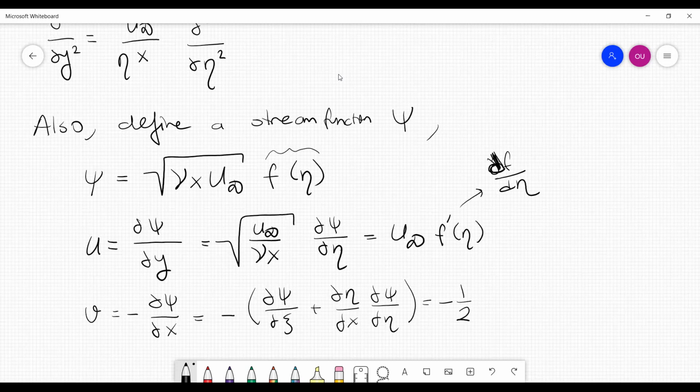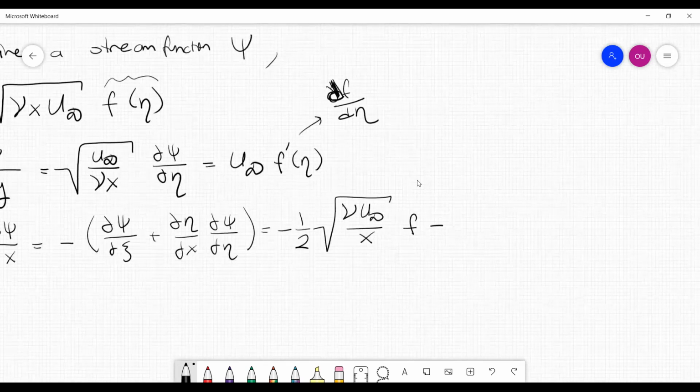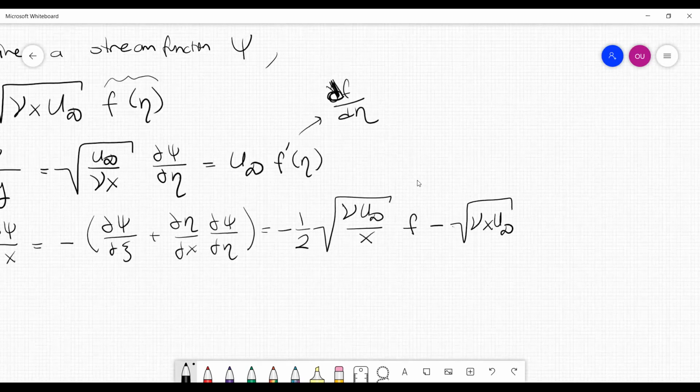Sorry, this is going to be equal to minus 1 over 2 square root of nu u infinity over x times f minus, if I'm not missing any of the terms, square root of nu x u infinity times d eta dx times f prime.